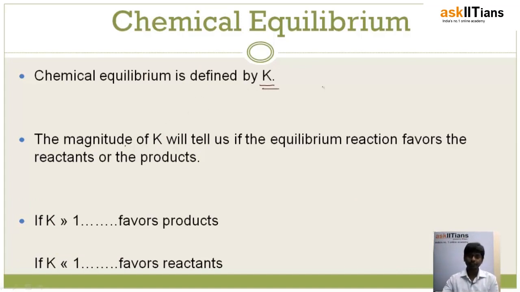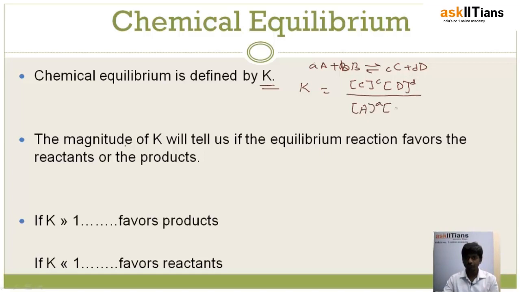Okay, how to justify this expression? Can I say for a general reaction which is bB reversing to cC plus dD, your K is nothing but the concentration of your product raised to the stoichiometric coefficient of that, by reactant raised to the stoichiometric coefficient of that.